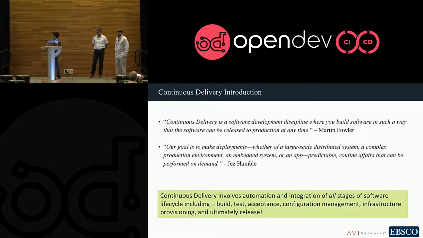And according to Jez, it's about making deployments predictable, routine affairs that can be performed at any point on demand. It's about automation and integration of all stages of your software lifecycle, all the way from building and testing to your release and promoting your new version.